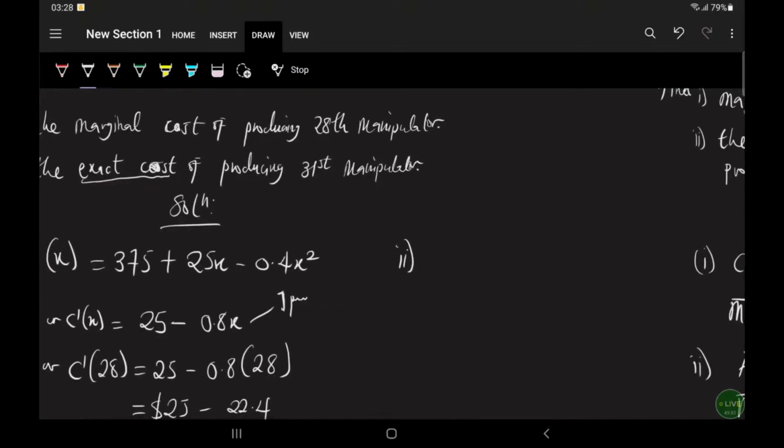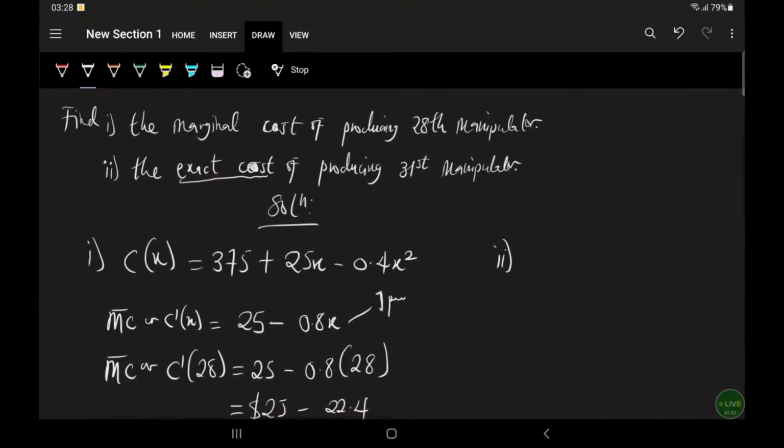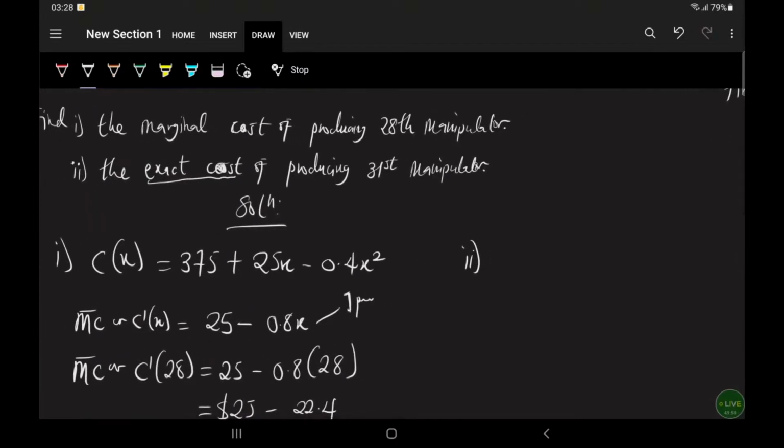So in this case, we define the exact cost of the 31st manipulator to be our cost of x plus 1, because there's a single product we want to produce, together with our normal cost of production, which is 30. So at any level, when you're asked to find your exact cost, get to know that before you can produce that, we are producing a number of products.